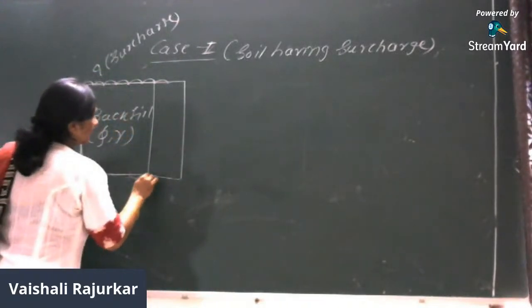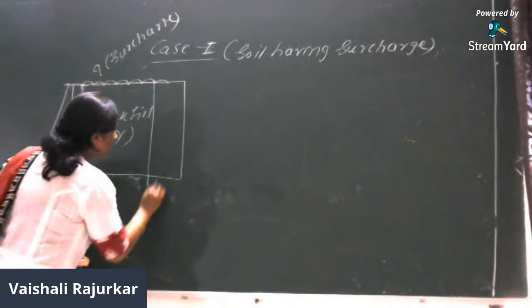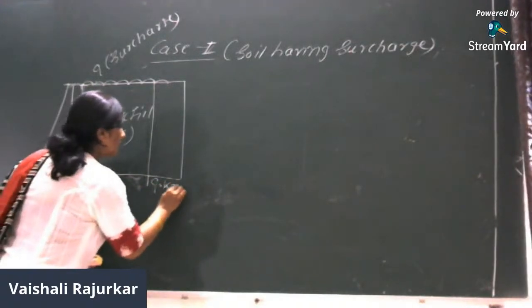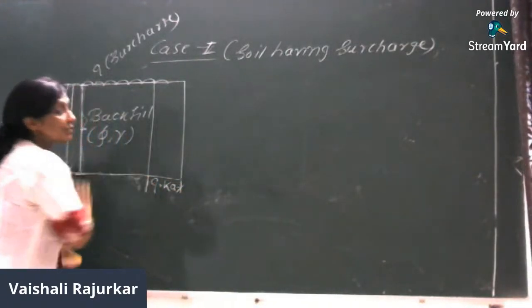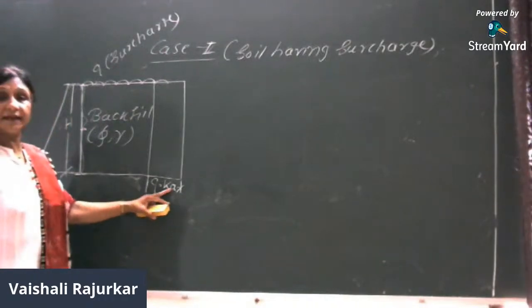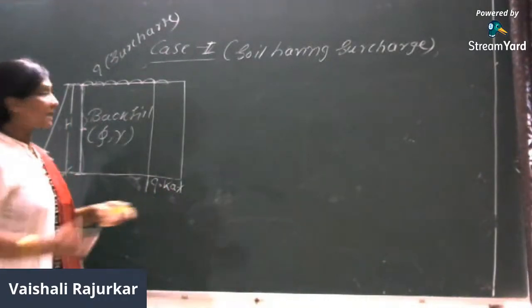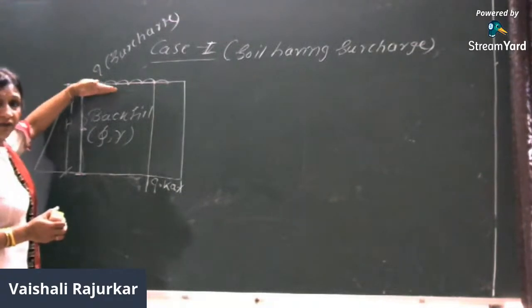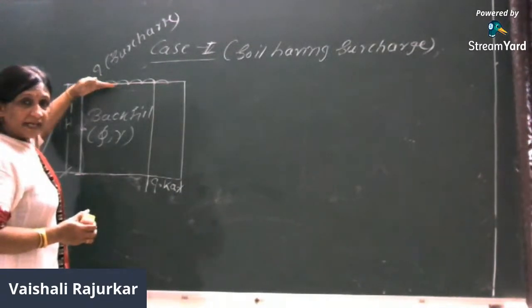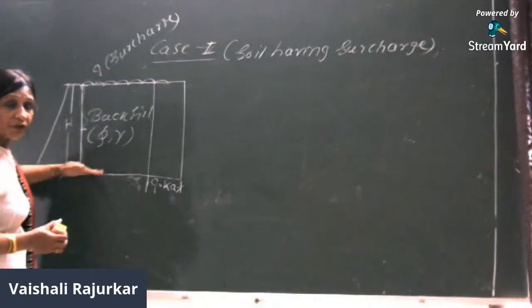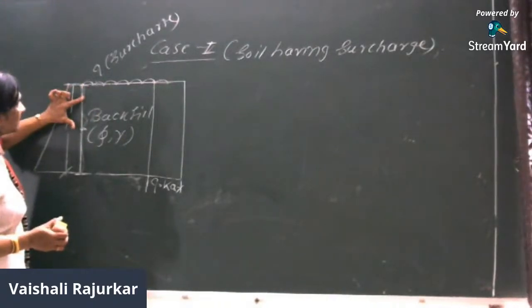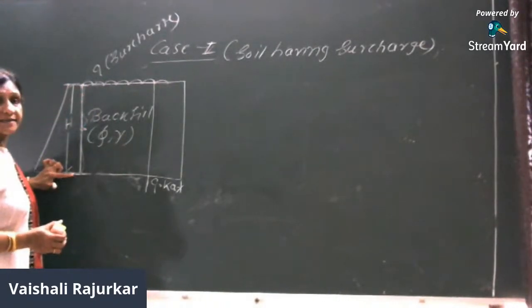This is of intensity Q into Ka. What is Q? Q is the surcharge and Ka is the coefficient of active earth pressure, which will be placed above the backfill, and that will act uniformly over the whole volume. The same pressure will be over here, and the same over here.